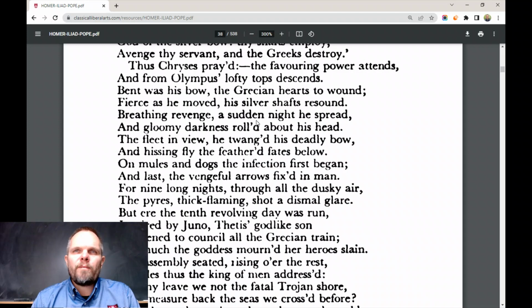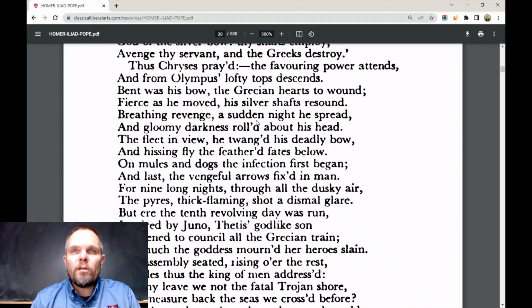Hissing fly the feathered fates below. Hissing, the sound of the feathers of the arrows flying through the air. On mules and dogs, so the infection, the plague that Apollo sent upon the people, first infected the animals, the mules and the dogs. So it spread among the animals. And at last, the vengeful arrows fixed in man.